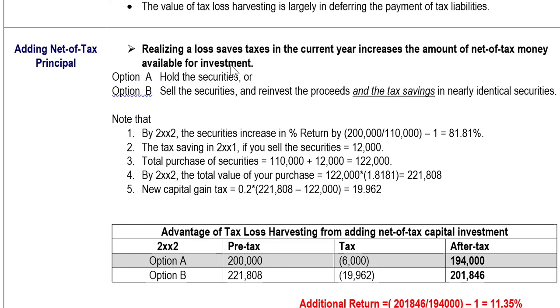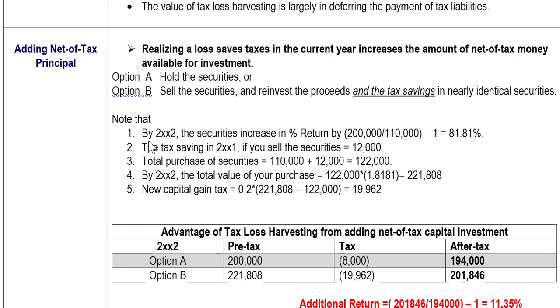The $12,000 you can invest. Now I'm going to evaluate based on two scenarios. Option A, you hold the security. Option B, you sell the security and reinvest the proceeds and the tax saving both in a nearly identical security. So this is called the strategy of tax harvesting.